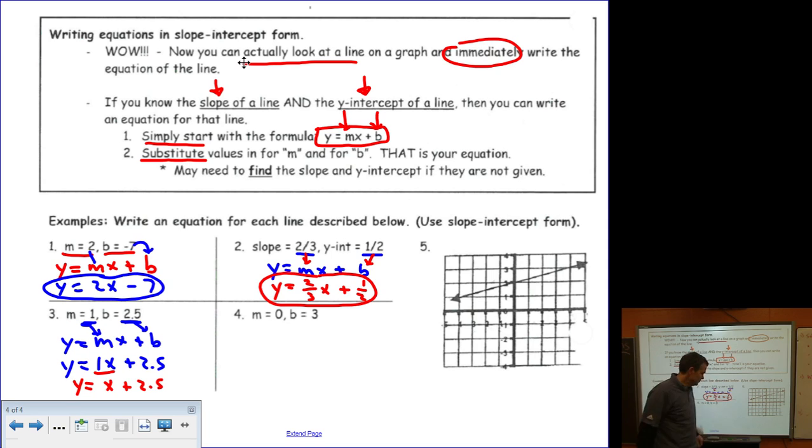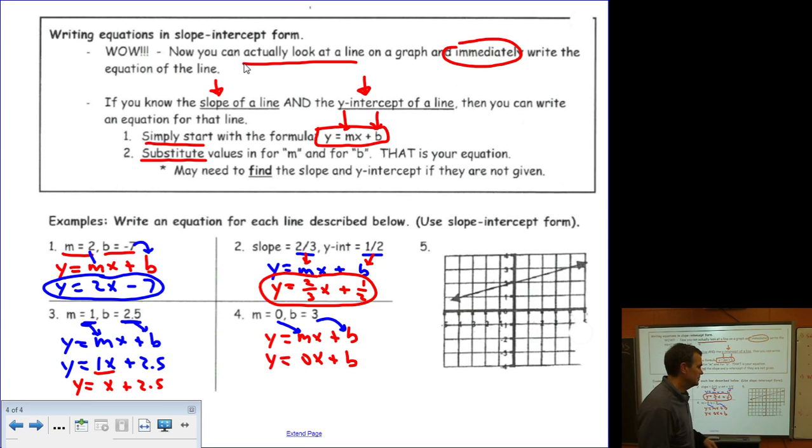And last up, what about when the slope is 0? Well, same thing. We would start with our formula, y equals mx plus b, and we would substitute 0 in for the slope and 3 in for the y-intercept, the b. So that would give me y equals 0x plus 3.